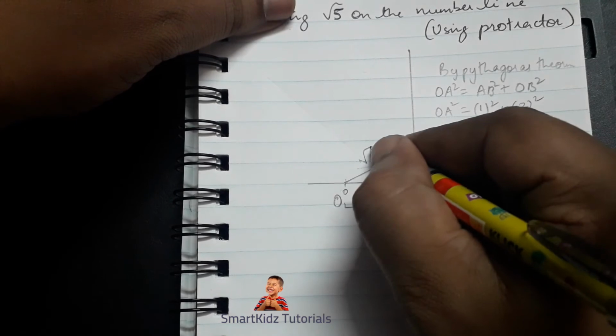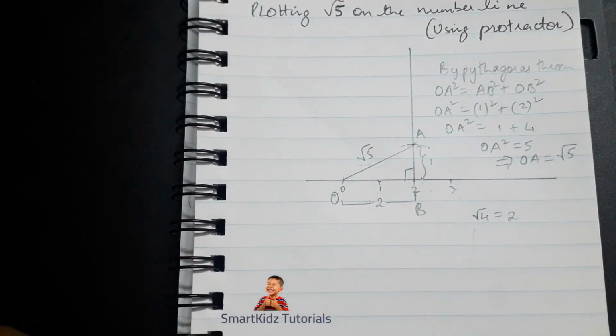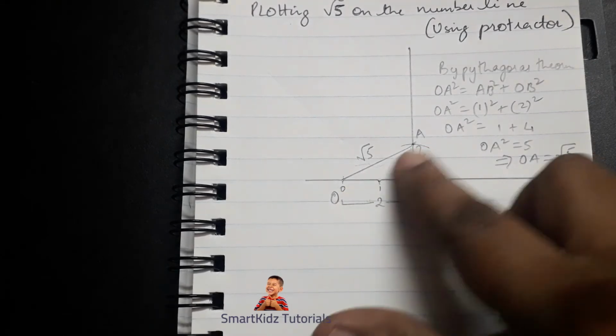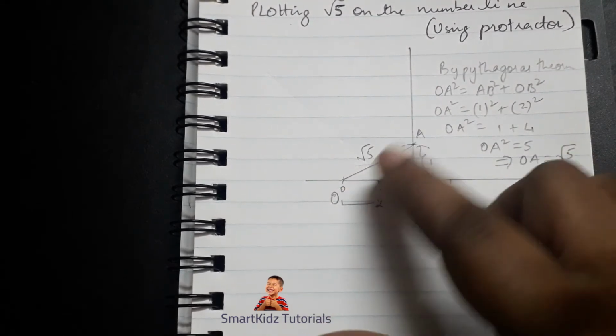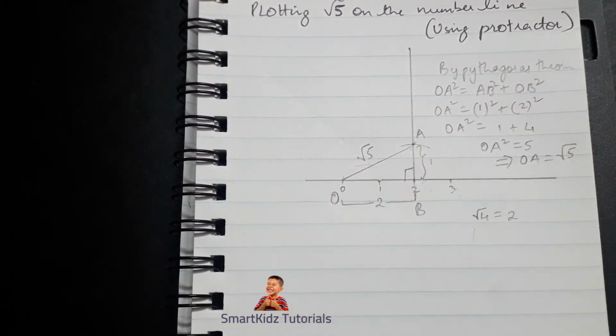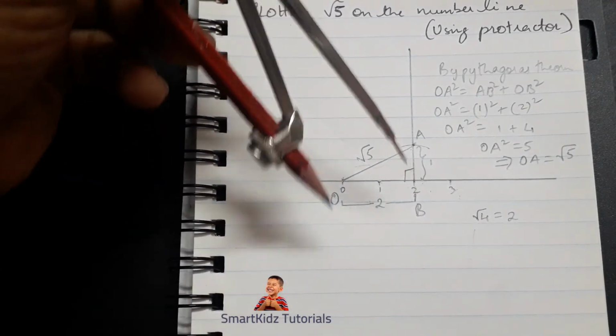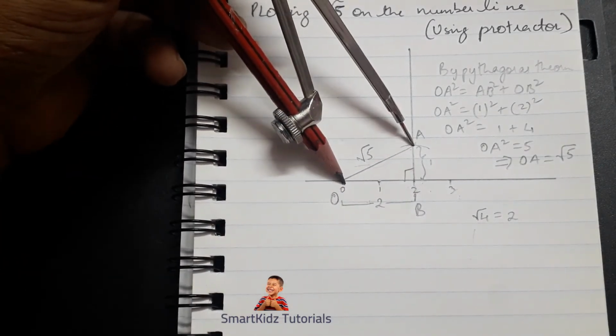So mark this as root 5, and then the same procedure that we have done for root 2 and root 3, that is we have to take the measurement of this line using the compass. So I've taken the measurement here, you can see.